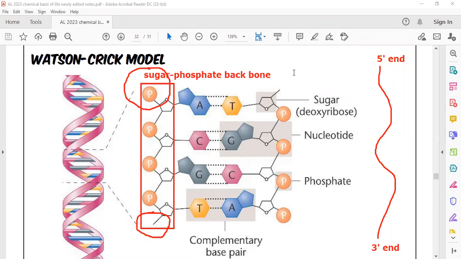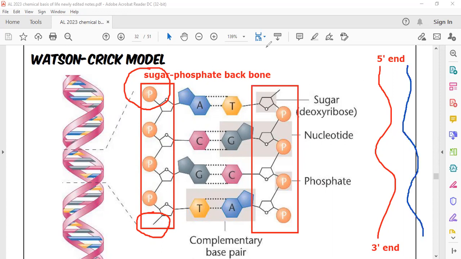Okay. Now take this sugar phosphate portion. Here I am marking it as another chain there.